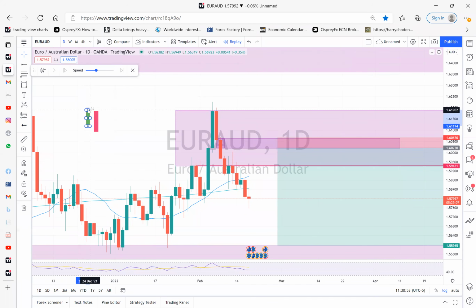Let me see if I can get these a little closer together. Okay. You have a green candle and a red candle that's next to it that breaks structure to the downside.